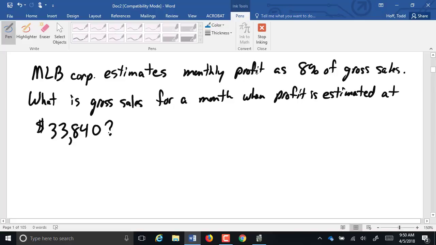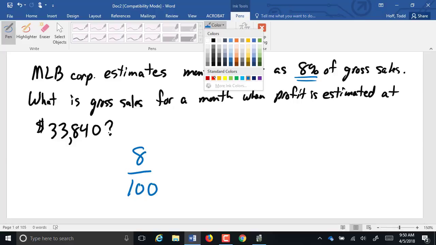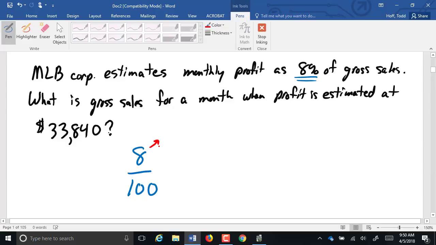So here we have a percent, 8%, 8 over 100. Before we do anything with that, let's label, what does the 8 stand for? Well, 0.08 if you wanted to make it a rate. But in the problem, what does it stand for? We have profit and we have gross sales.